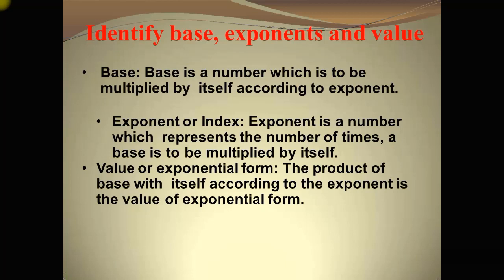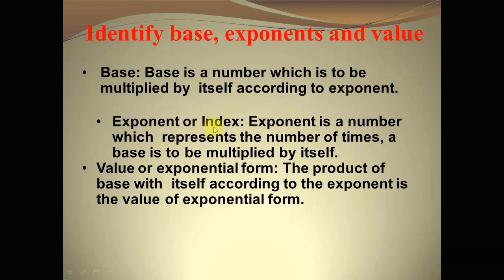First of all, I would like to tell you the definitions of base, exponent and value. Base is a number which is to be multiplied by itself according to the exponent.